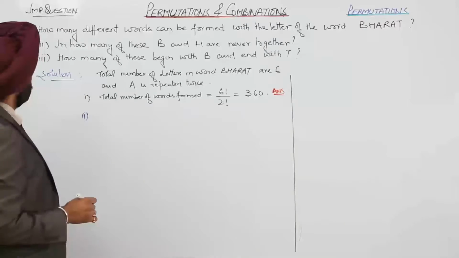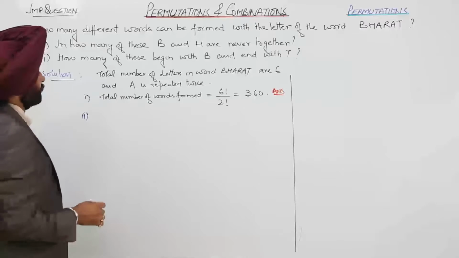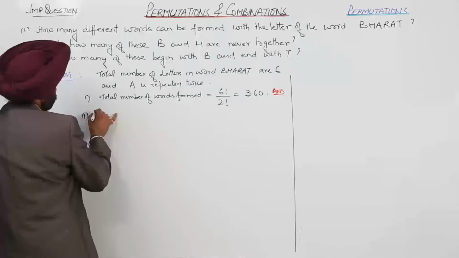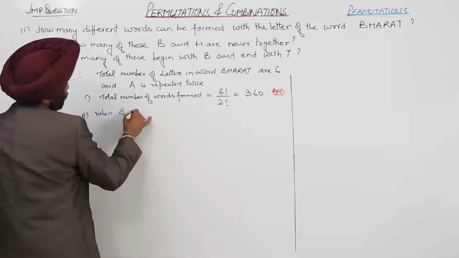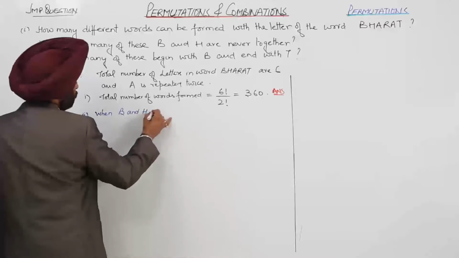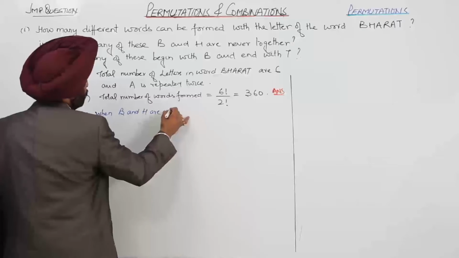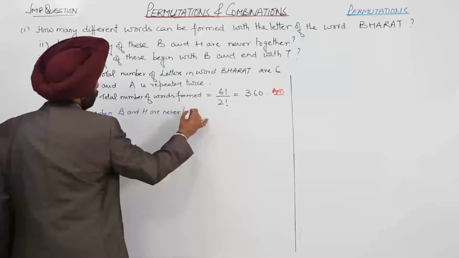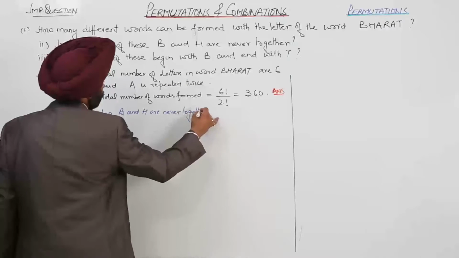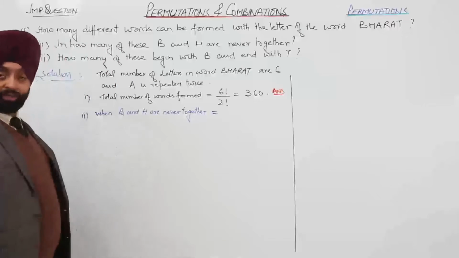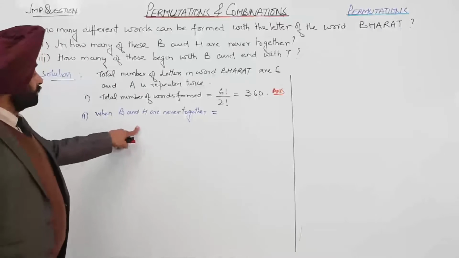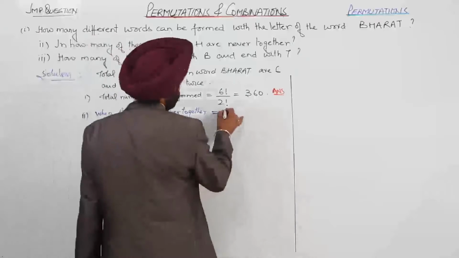Number 2 is given: how many of these have B and H never together. Now when B and H are never together, what can we write?